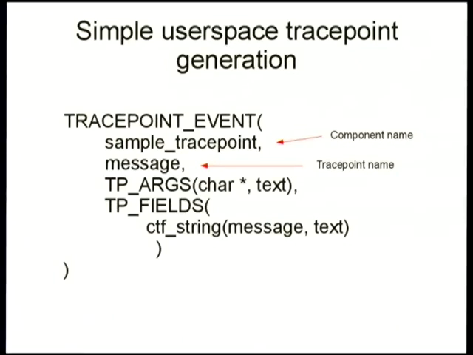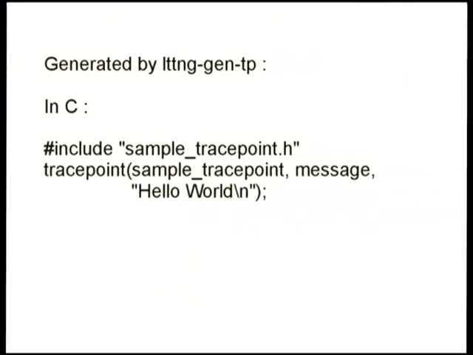And same thing, the fields: what's the type, what's the name of the parameter, and how do we store it in the trace file. To use it in your application, when you have defined it, you simply make this call with tracepoint, the name, and your parameters in there.